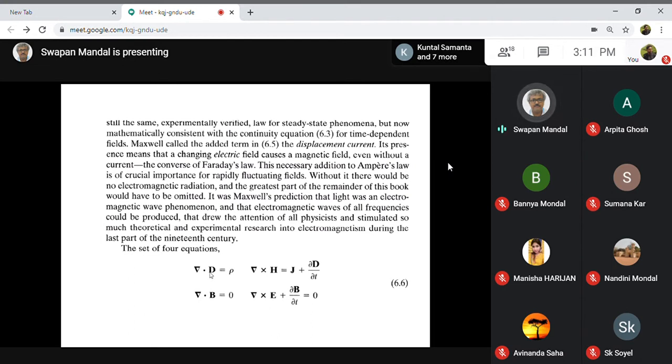In that case, you have to write it as divergence of E equal to rho by epsilon 0, which is just for free space. And in curl of H, B equal to mu 0 H, like those things you have to replace, and D you have to replace as epsilon 0 E.